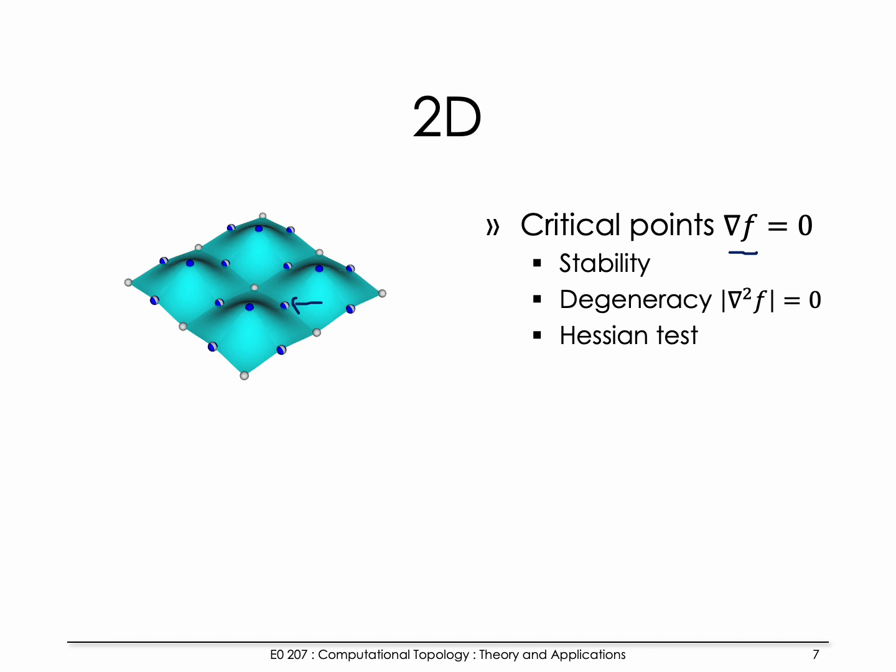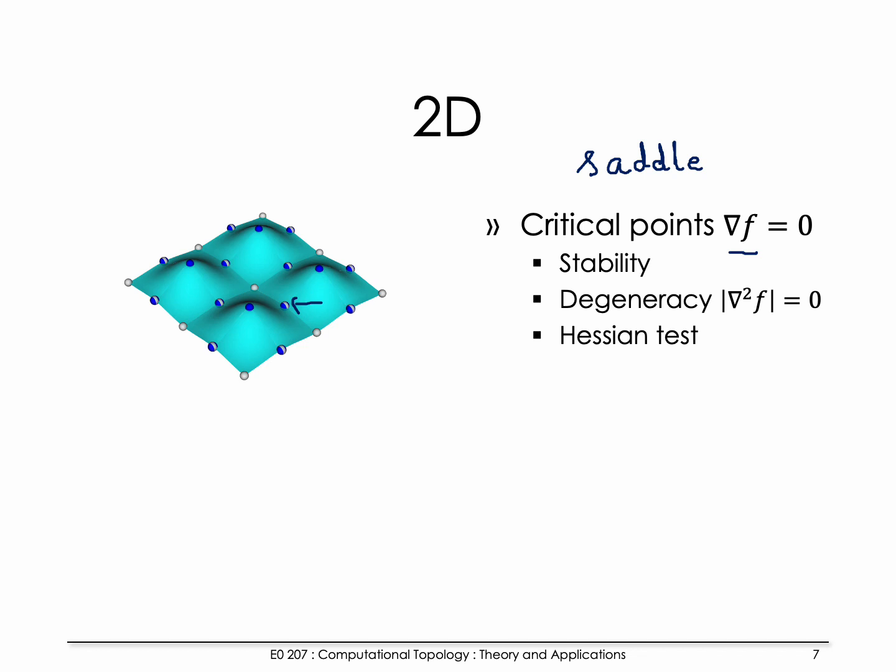These critical points are called saddle points, or saddles, because the location here looks like a horse's saddle, hence the term saddle. Again, you can have degenerate critical points in 2D.